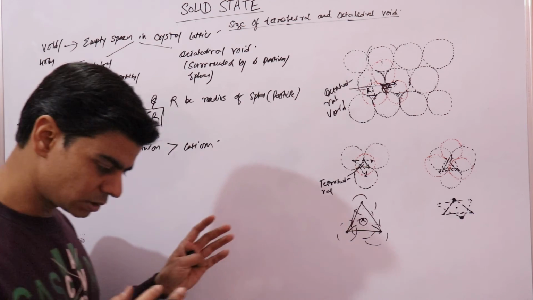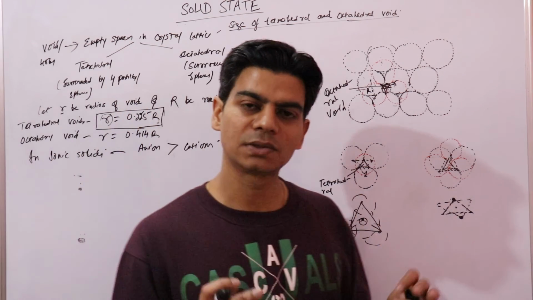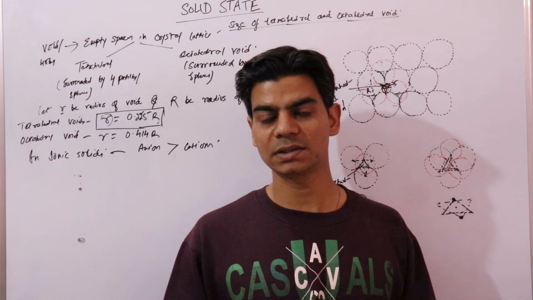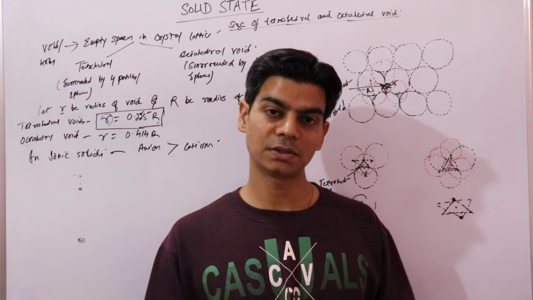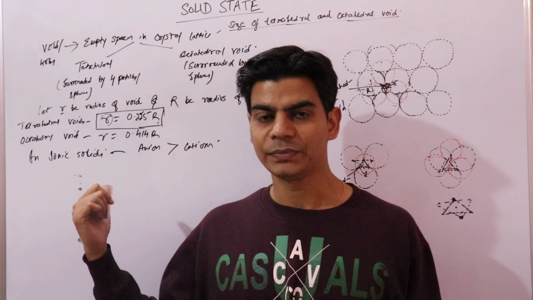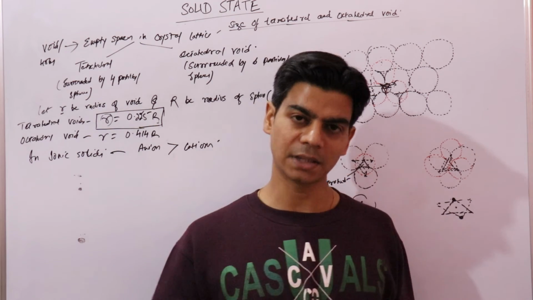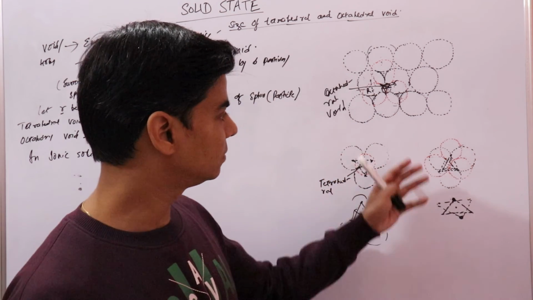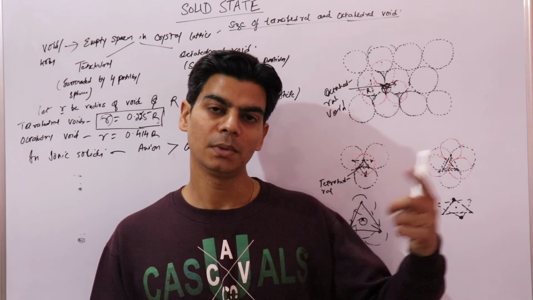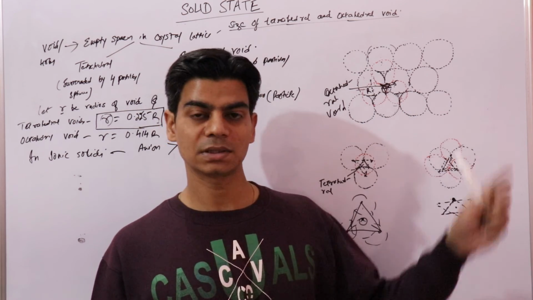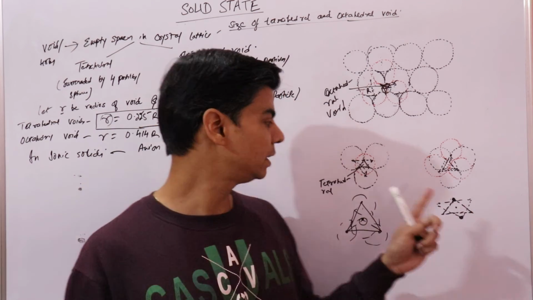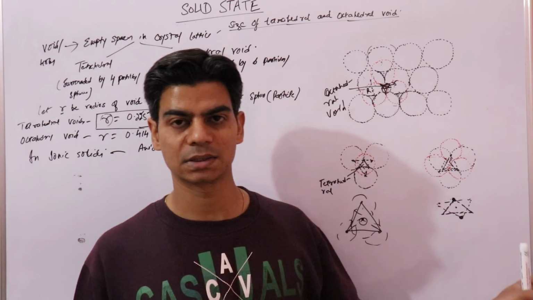Since ionic solids are also crystalline solids, the particles, that is these cations and anions, are arranged in 3 dimensions, which forms a crystal lattice. If we try to arrange the particles, which of the cations and anions will occupy these voids, these empty spaces?